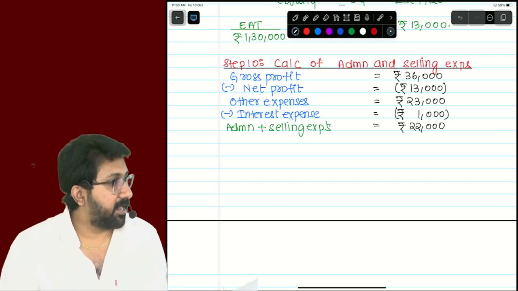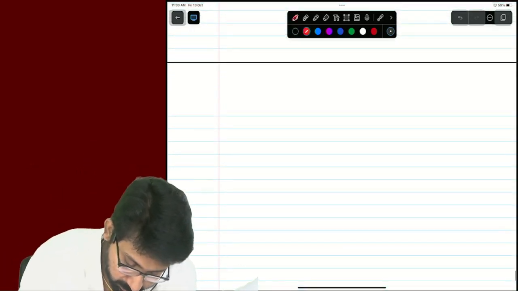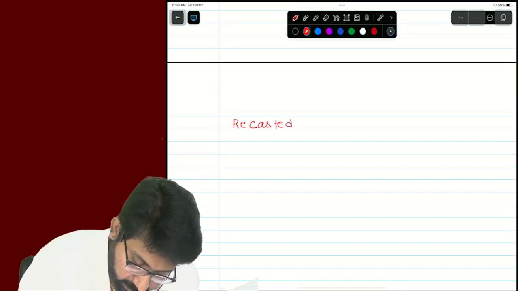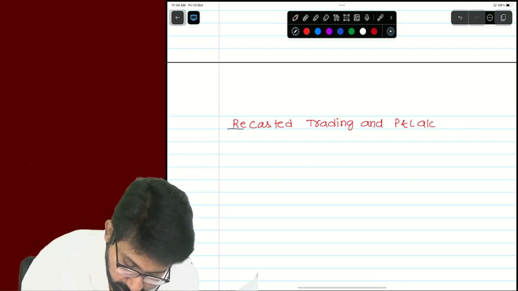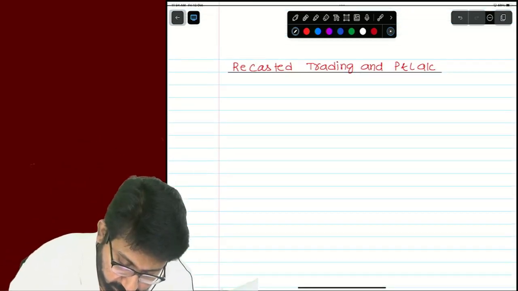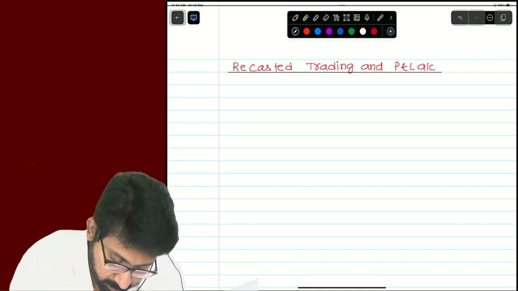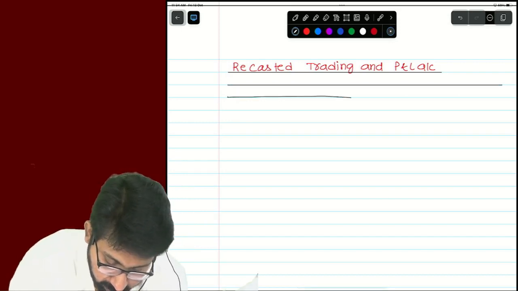Recasted trading and P&L account. Okay. Write down. Draw a T-shaped P&L.